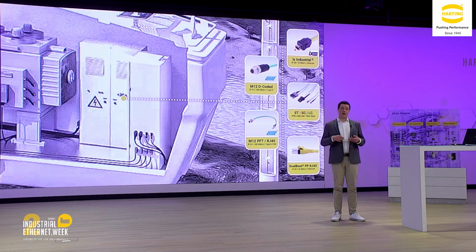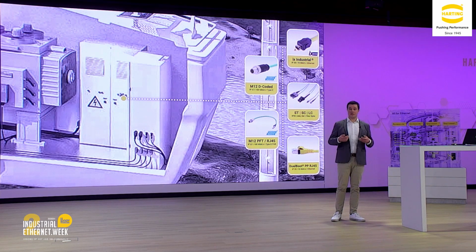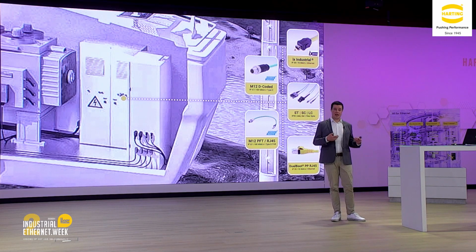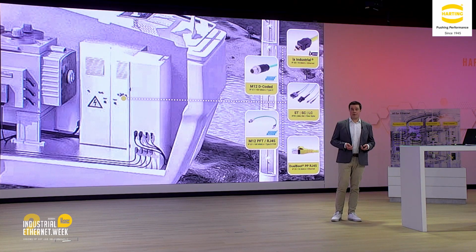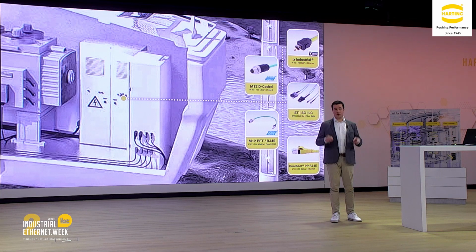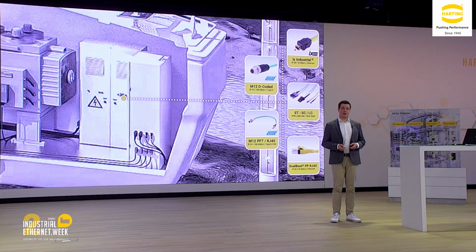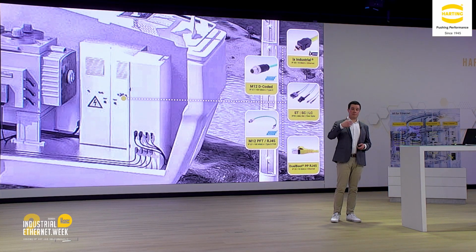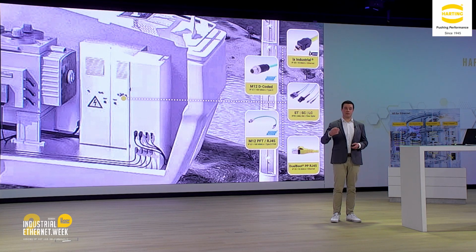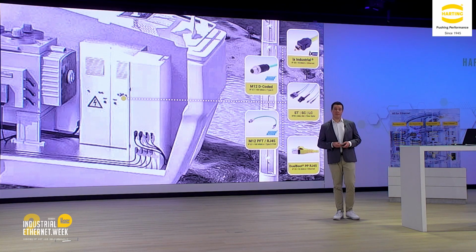The switch from the IP20 switch cabinet to the IP65, 67 area inside of the gondola is possible with so-called mixed cords, a cable assembly from an RJ45 to a panel feed-through, to have an interface from your switch cabinet into the field.